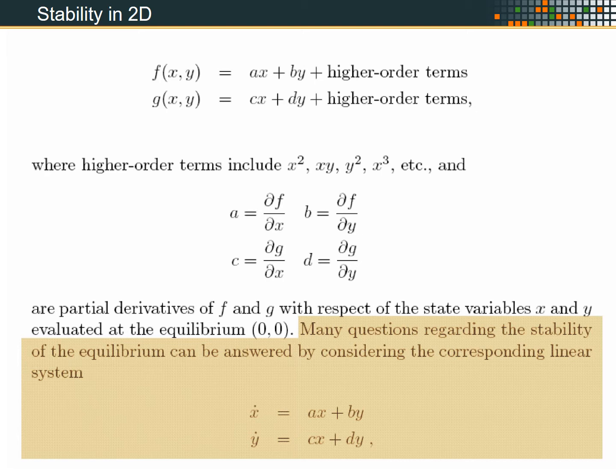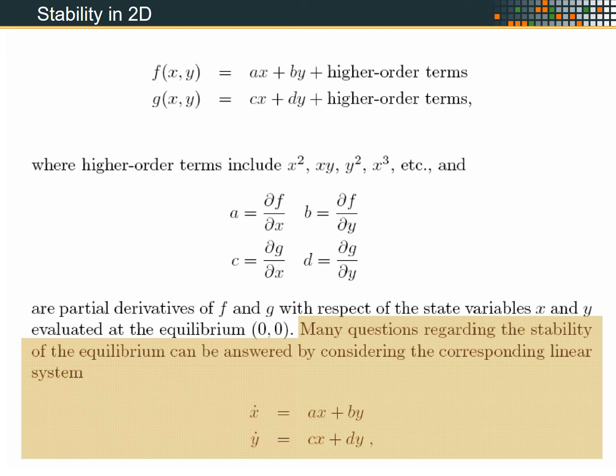And the slope is determined by the coefficients a, b, c, and d, which we know from Taylor expansion we can compute by just the partial derivative of the function in respect to the variable that we are using. So a, for example, is the partial derivative of f in respect to x, and b is the partial derivative of f in respect to y.